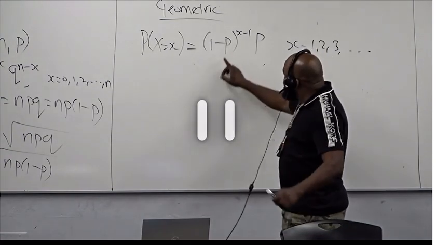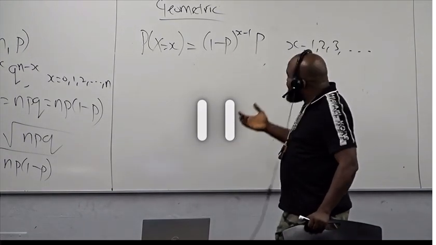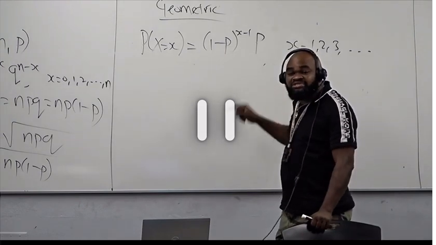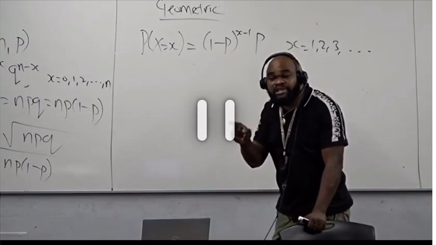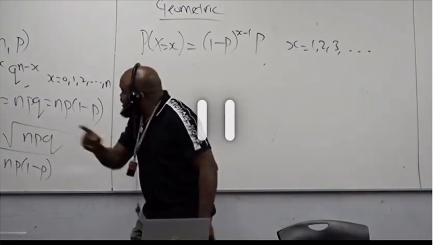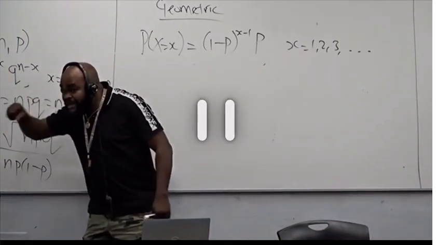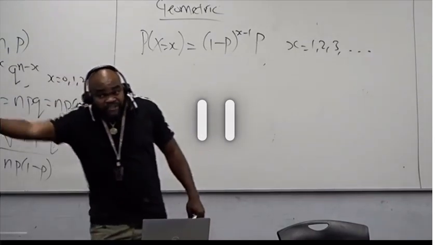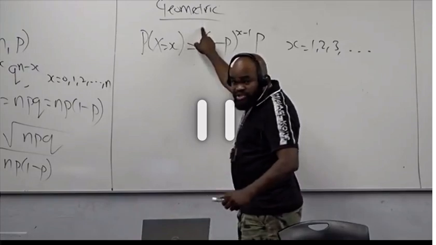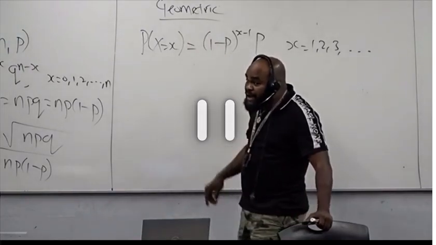Now, what is the meaning of x? X here in geometric represents the number of Bernoulli trials, but X in binomial and Bernoulli represents the number of successes. So X in geometric does not represent the number of successes.